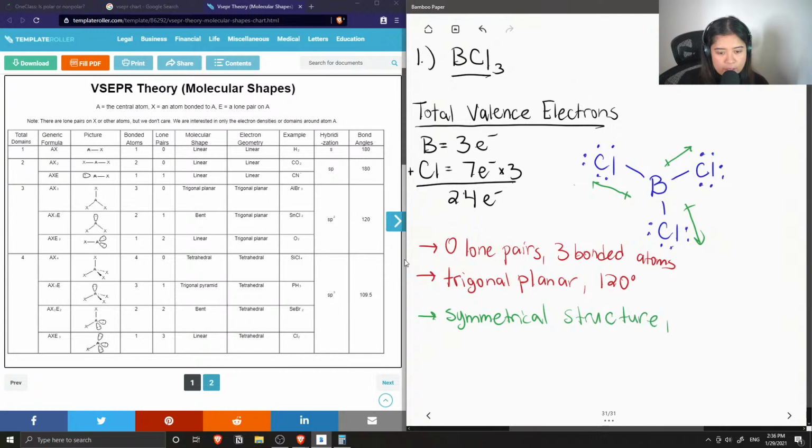And all of these dipole moments cancel each other out. So we can also say that this molecule has a 0 net dipole moment.